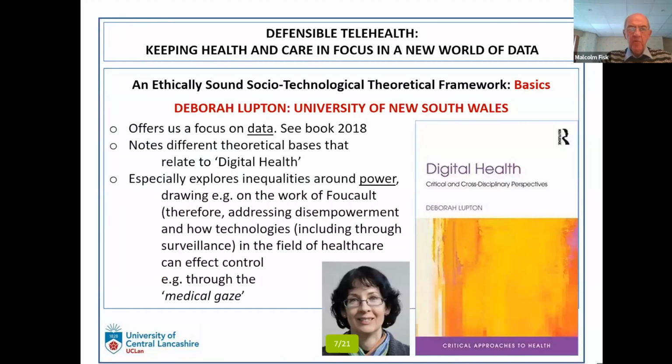Right, Deborah Lupton, first of all, she focuses a lot on data around digital health, and most notable from her work is that she explores the issue of power. So she draws on the work of Michel Foucault, the French philosopher, who does a lot of work on the history of health services, and indeed issues around the technological gaze.